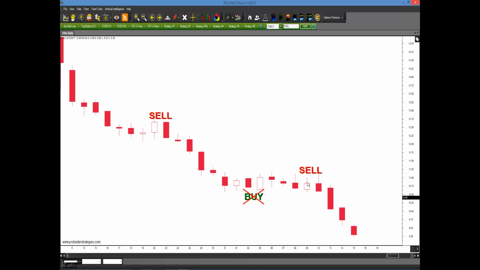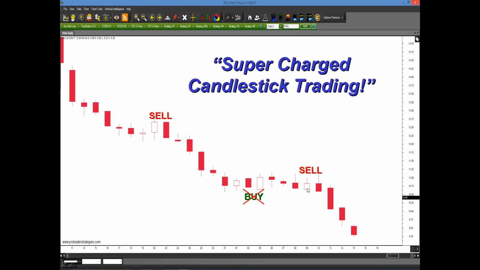And if you missed that, there was another one right here. So you see how you just changed your level of consistency. Rather than going to a losing buy signal, you went into 2 profitable sell signals. This is what we call supercharged candlestick trading.